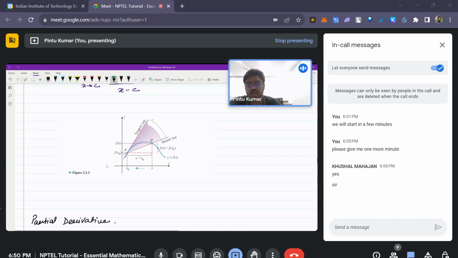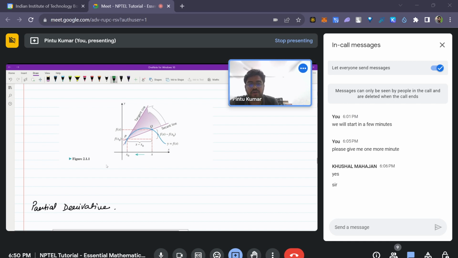This is better explained here via this figure. If you look at this point P and this is Q, then the slope is given by f of x minus f of x naught divided by x minus x naught, and you will push this point Q close to P, right?